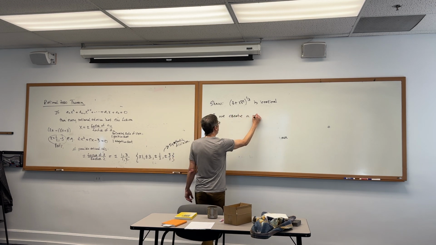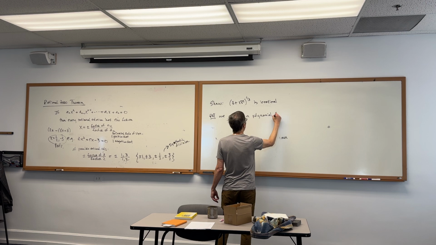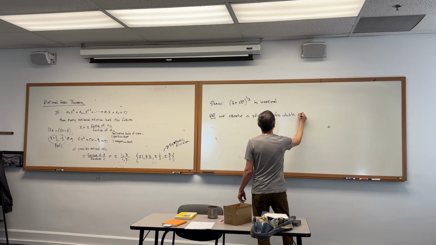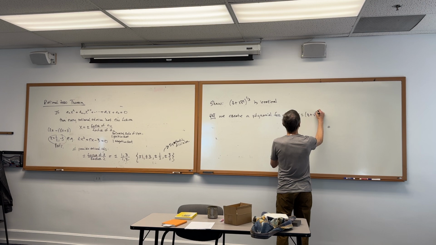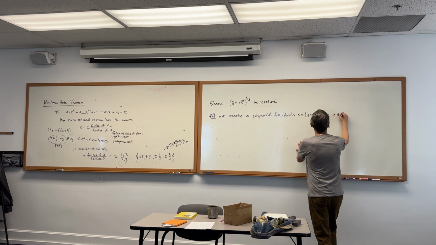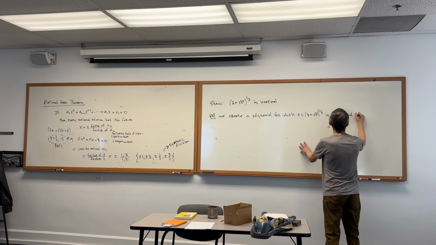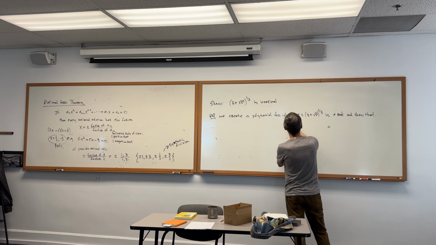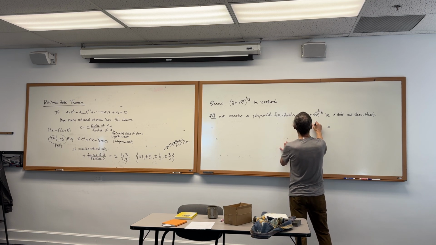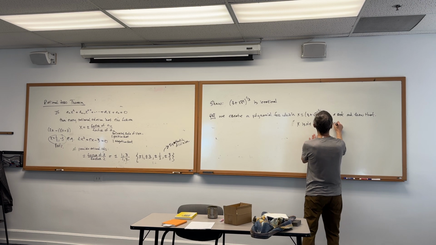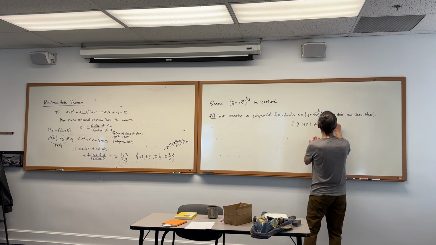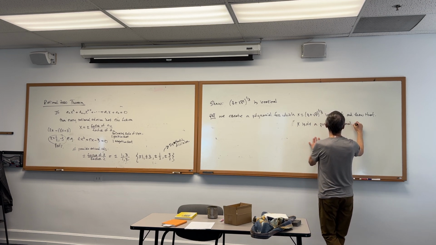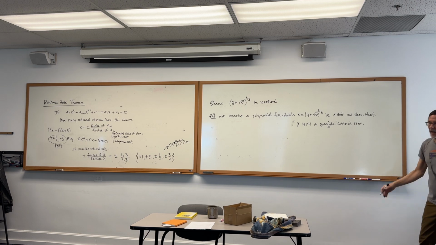We create a polynomial for which x equals 3 plus root 5 to the 1/3 is a root, and show that this number, that x, isn't in the list of possible rational roots, isn't a possible rational root. That's the game. This is one of your homework problems. You got one like this.